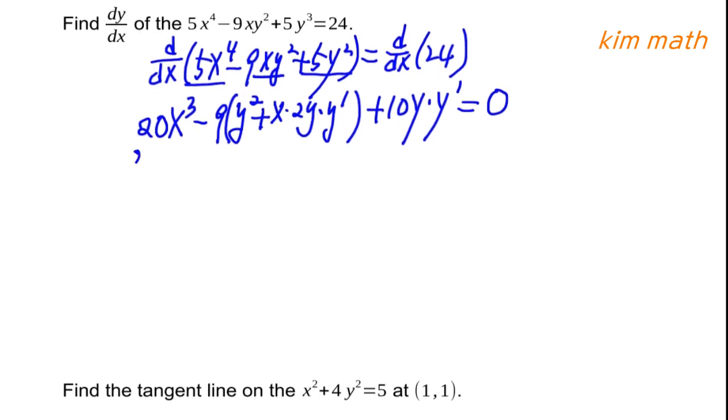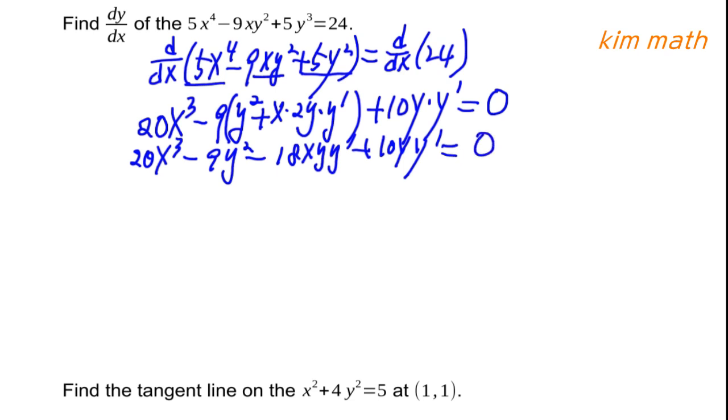Okay, so this is 20x cubed minus 9y squared minus 18xy y prime plus 10y y prime equal to 0. Note that our mission is to isolate y prime, right? The third and fourth terms contain y prime, so I will move the first two terms to the other side.